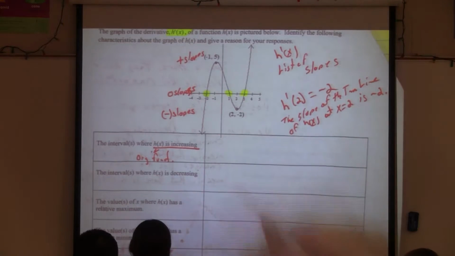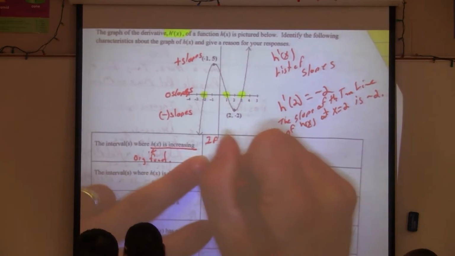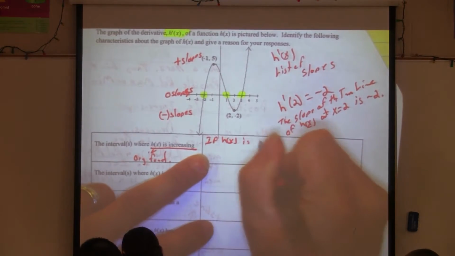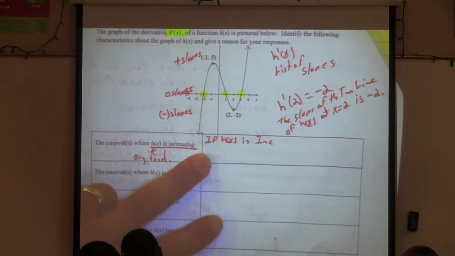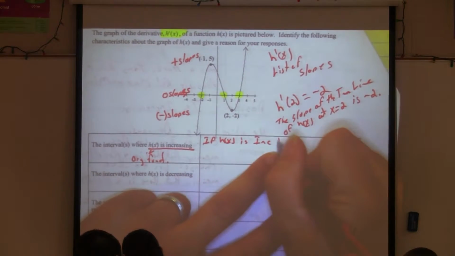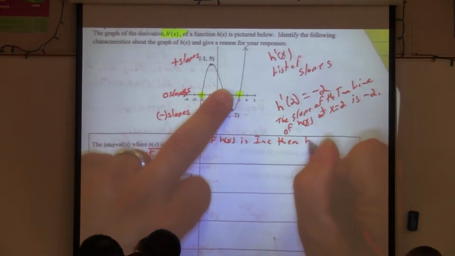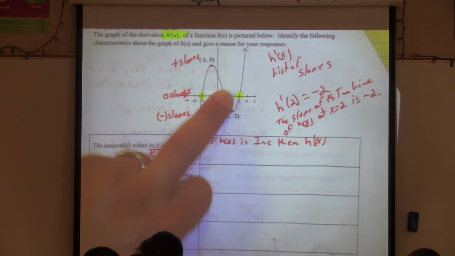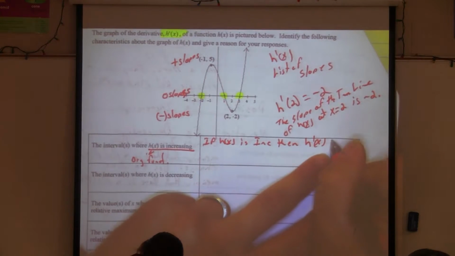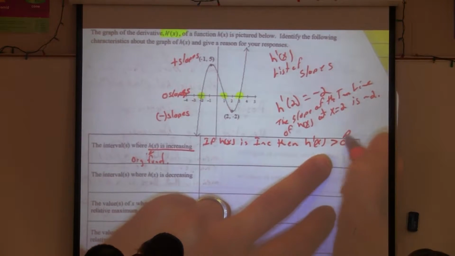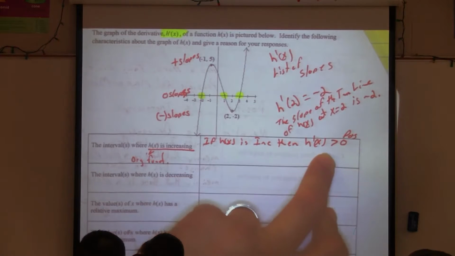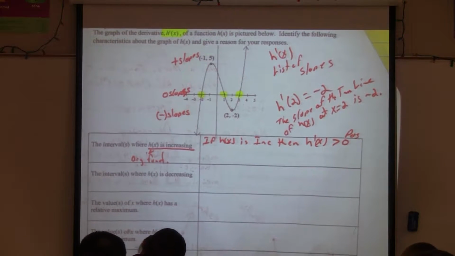So if h of x is increasing, then h prime of x has to be greater than 0, meaning it's positive.